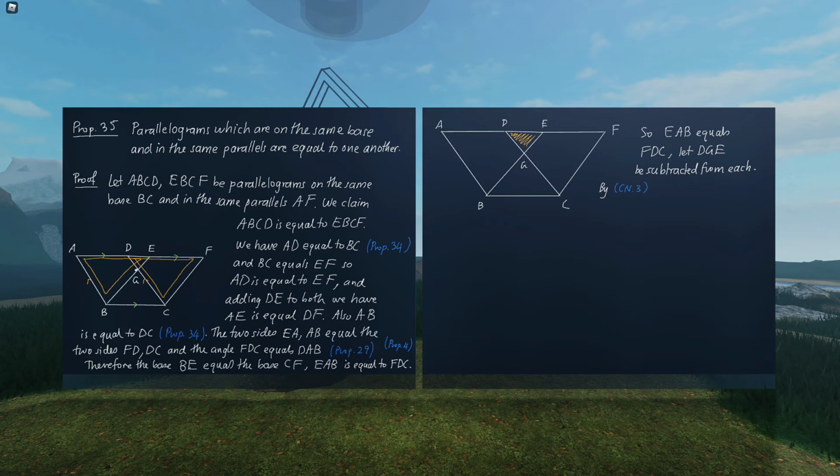So all that this can possibly mean is that these shapes, A, B, G, D, equals the trapezium, which is just the word for the shape we just made, EGCF.